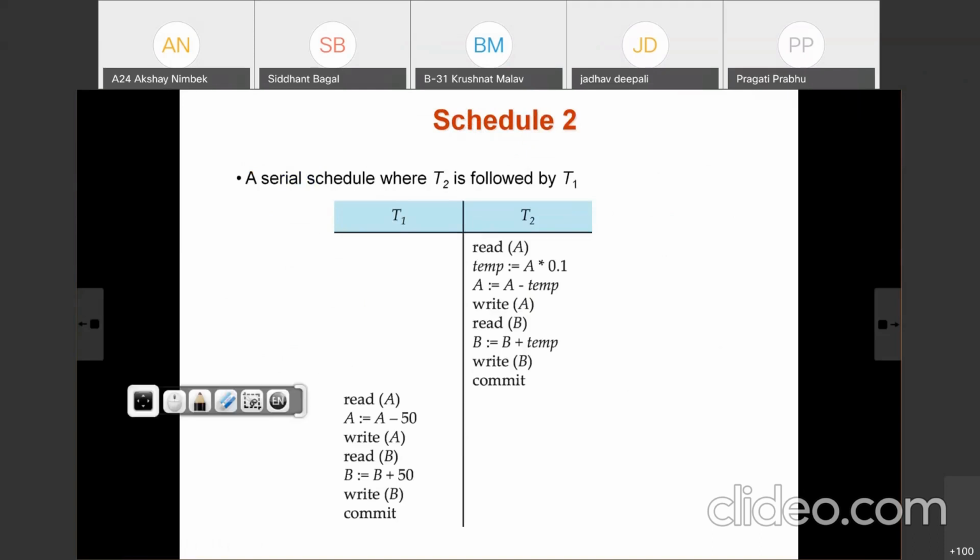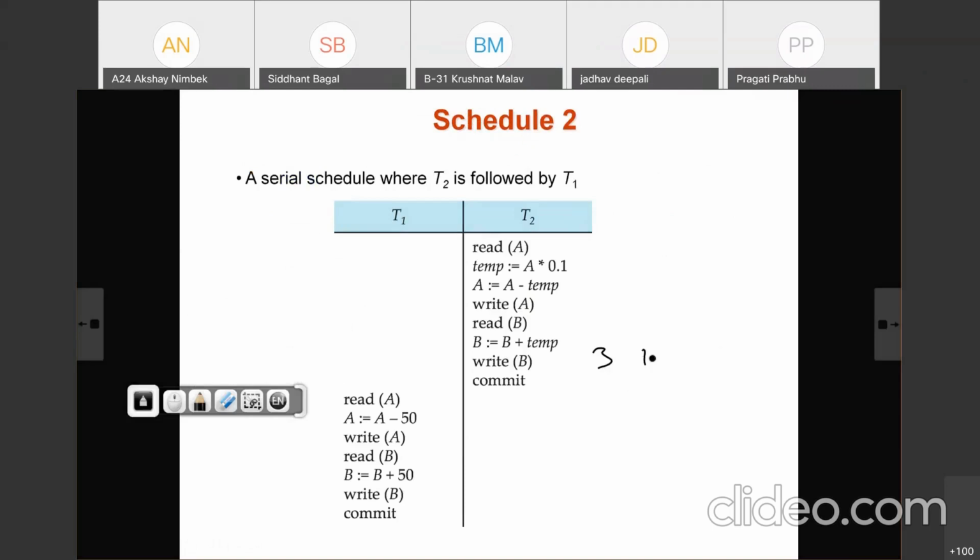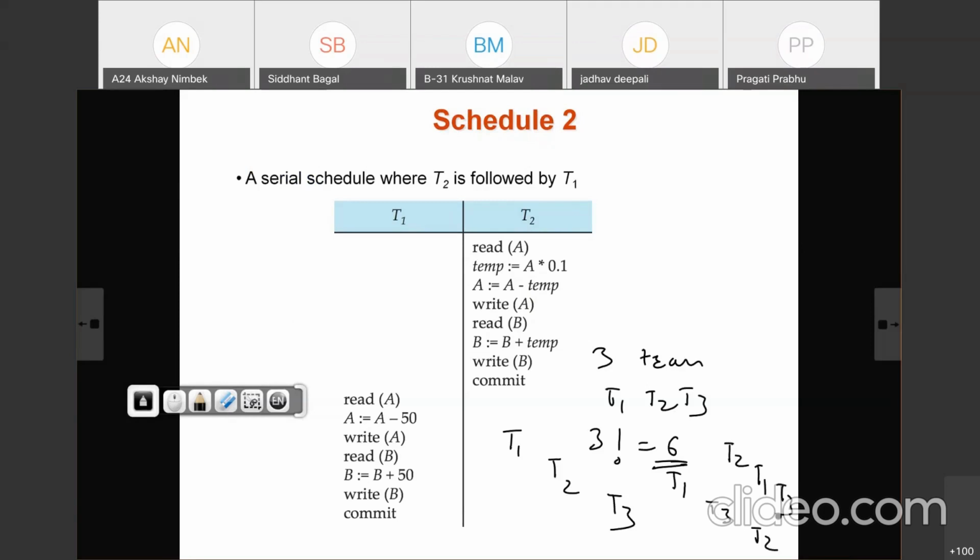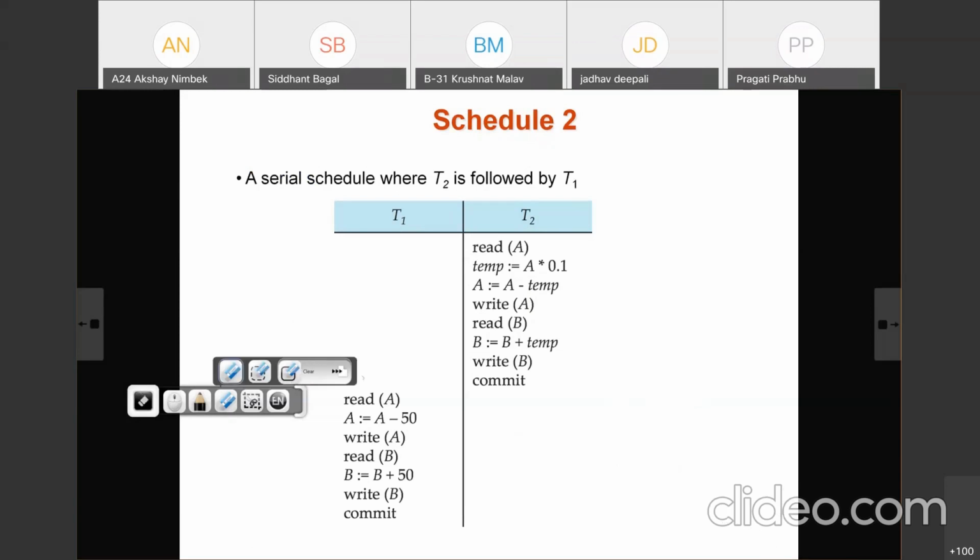If there are 3 transactions T1, T2 and T3, then 3 factorial means 6 different combinations are possible: T1, T2, T3; T1, T3, T2; T2, T1, T3, and in this way. So 6 different possibilities are there. Everyone clear? So n factorial different combinations are there for serial schedule.